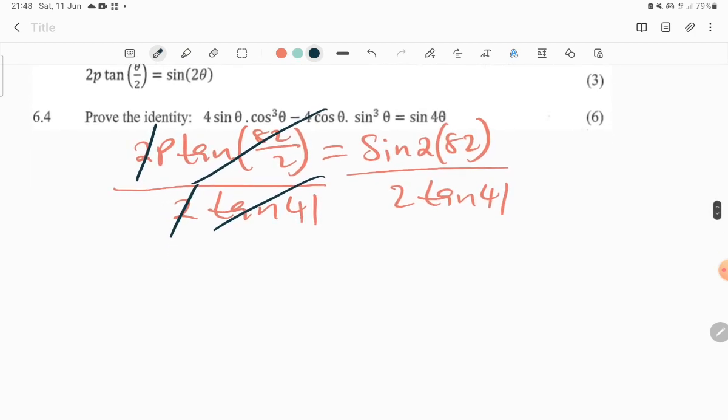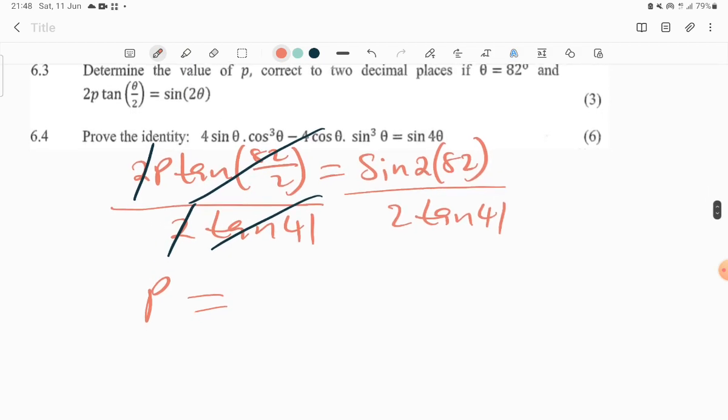Then we are just left with p on this side, which is equal to, on the other side, we just need to press our calculator wisely. We have 2 times 82, then divided by 2 times tan 41.